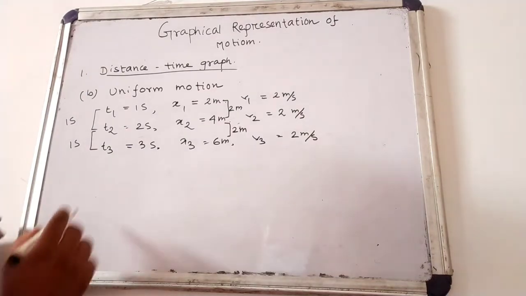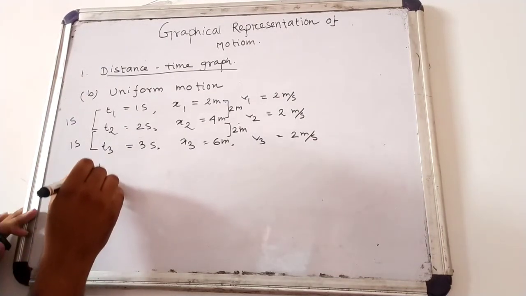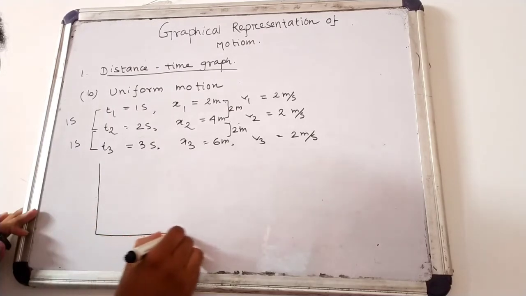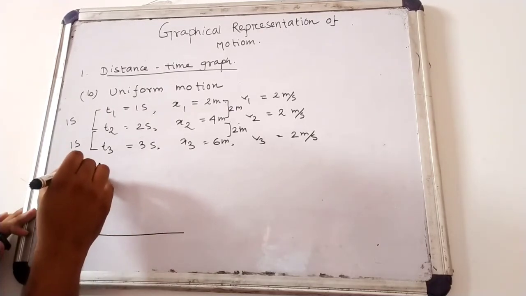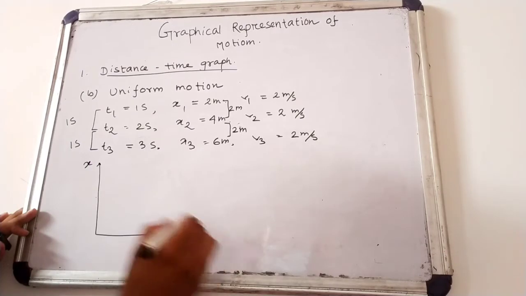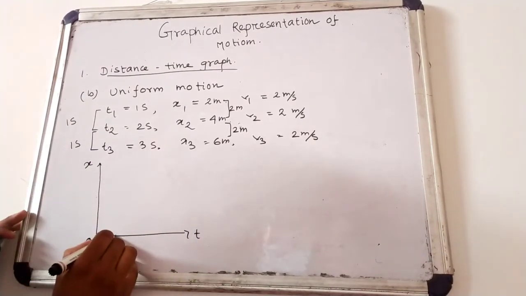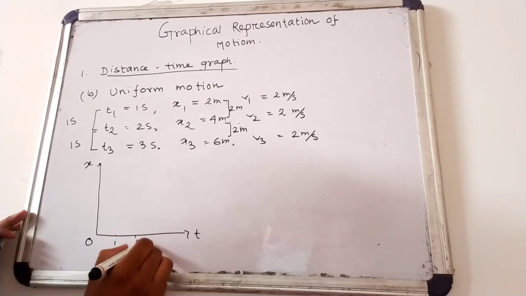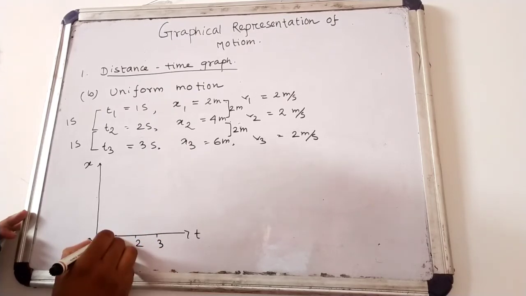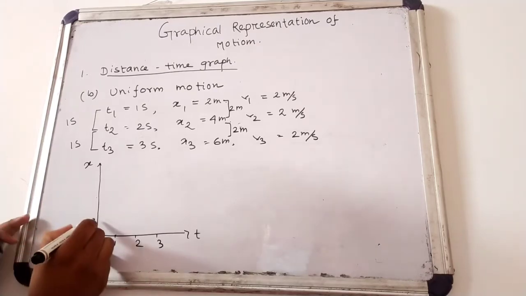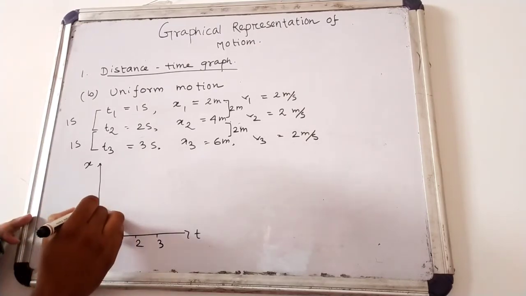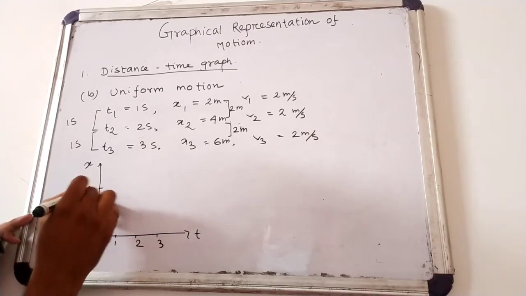Now, if we draw a graph of distance and time, this is the origin, so 1 second, 2 second, 3 second. Distance is 2 meter, 4 meter, 6 meter.